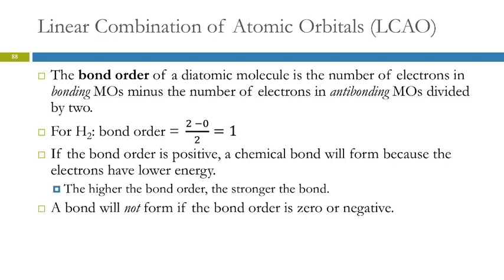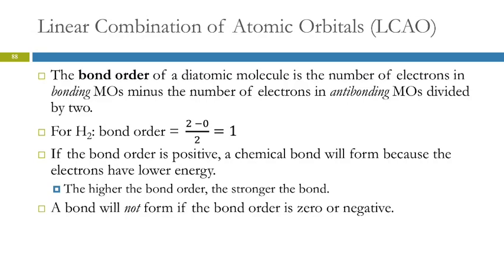So if that bond order is positive, a chemical bond will form. The higher the bond order, the stronger the bond. Because the higher the bond order, that means the more the energy is lowered by that bond forming. If the bond order is 0, then it's just kind of a neutral situation, bond will not form.